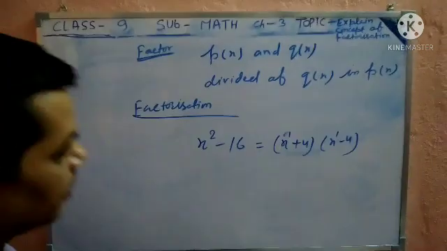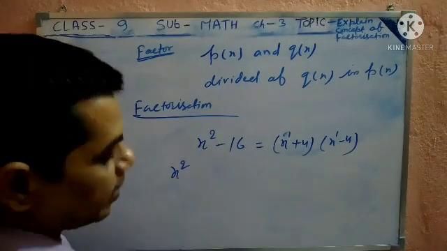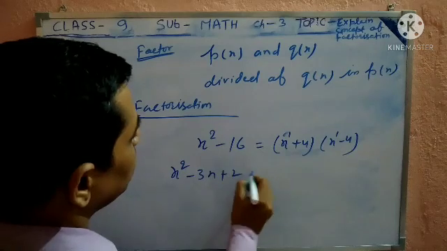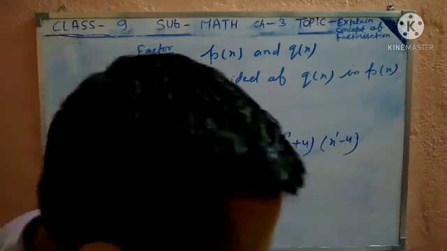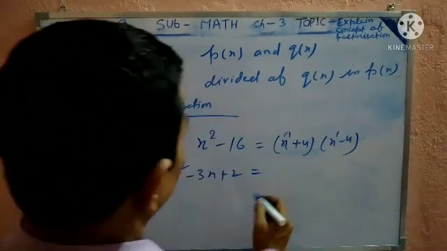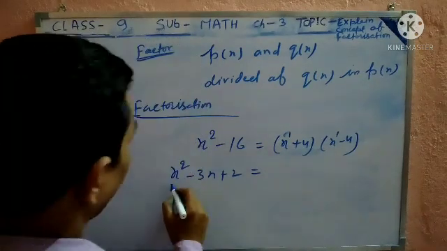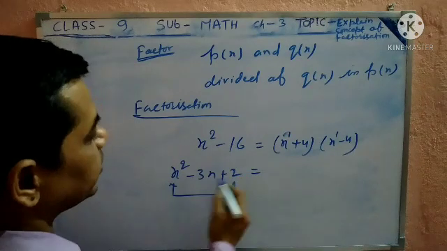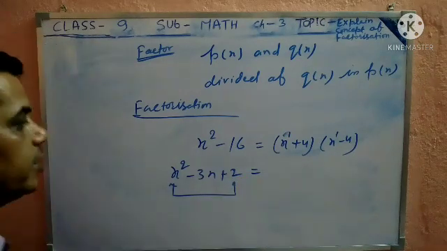Now take another example, x square minus 3x plus 2. For its factorization, multiply 1 into 2, that is 2, and 1 plus 2 is 3.